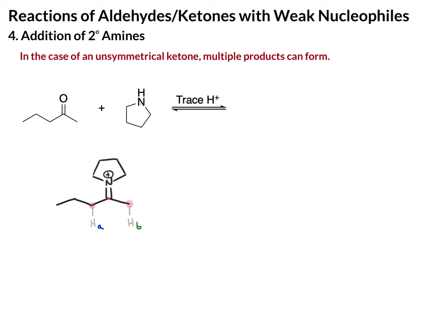So if we eliminate through A, and I use a base, we'll take this proton, eliminate to give the double bond, and push those electrons up onto the nitrogen. So then our final product, we will have the double bond on the left, and then attached here, the cyclic amine.